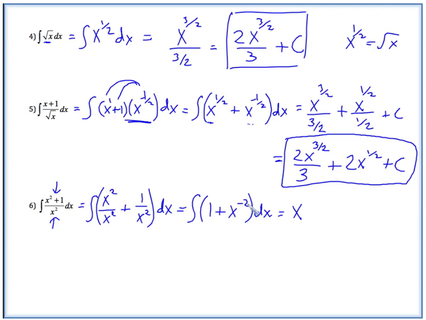And here, x to the negative 2, we're going to add 1 to that negative 2. So now we're at negative 1. And then we divide by that number, negative 1. And then plus c. And so here, let's rewrite this, x minus 1 over x, and then plus c.